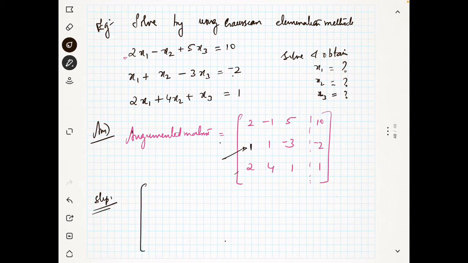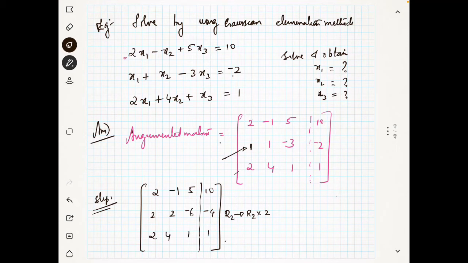You see, this is 2, minus 1 and 5, and this is 10. Now I multiply row 2 with 2, so it becomes 2 and minus 6, and this minus 2 becomes minus 4. Now this is 2, 4 and 1. I think yes, this is finished.